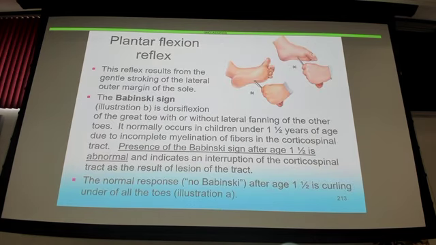Then our last kind of reflex we're going to look at is Babinski, because you always hear that one. Babinski, it's where you take, like in this case, we're using a reflex hammer. You run it up the bottom, plantar side, lateral part of your sole, and normally, if you're an adult, you're older than a year and a half old, your toes should go down.